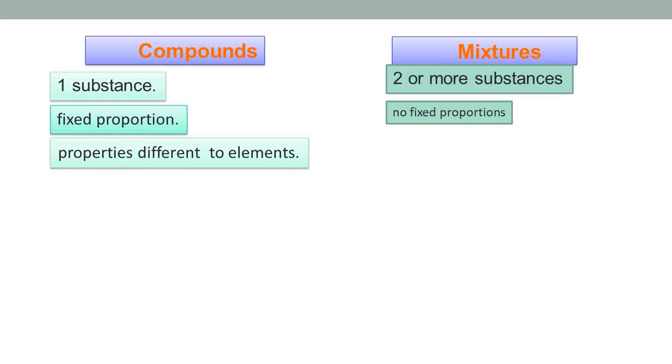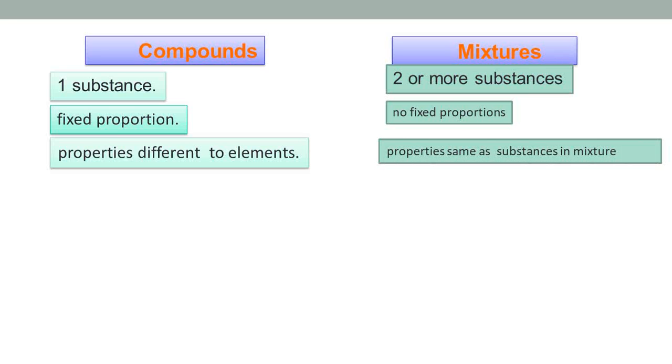In compounds, properties are different from the elements, and in a mixture the properties are the same as the substances in the mixture, as its components don't change and keep their properties also.